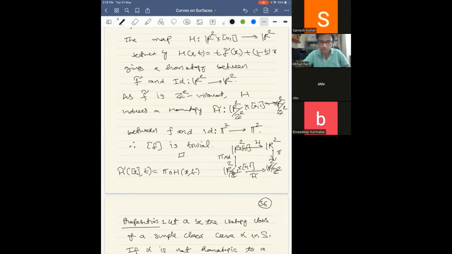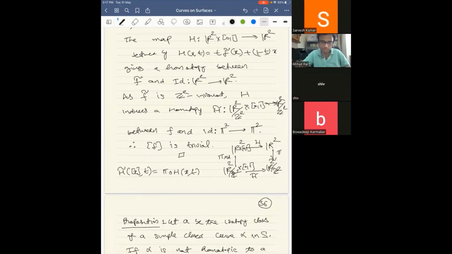Can I say something about this? Please, quickly. Sir, you just want to say how H tilde is well defined, right? So if I take two pre-images of a point X, X1 and X2, such that pi of X1 equals pi of X2 equals the point X, there are two pre-images.